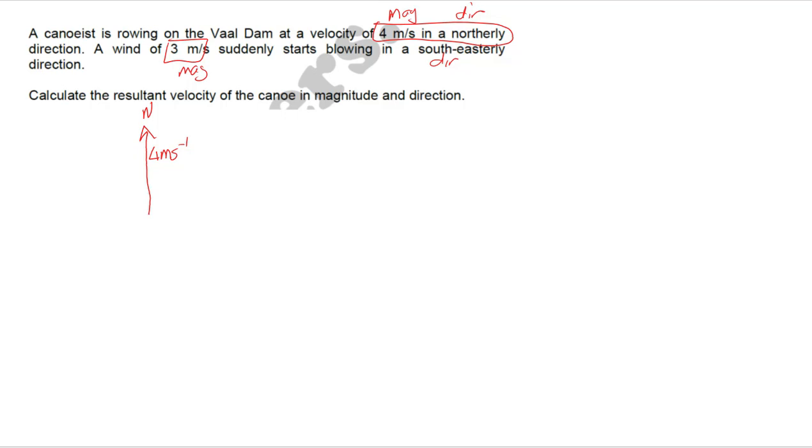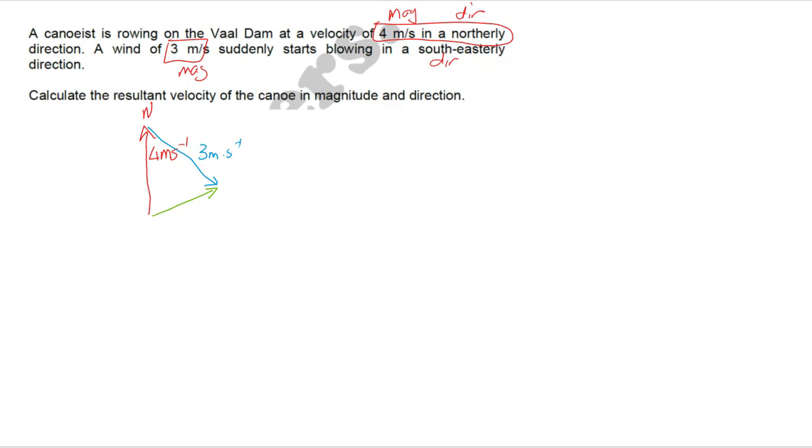So from the top of the canoeist's vector in a southeasterly direction, so that means it's down this way, at 3 meters per second. We want to find the resultant. So the resultant vector must be here. We want to calculate the green, so we want the magnitude in meters per second and the direction.